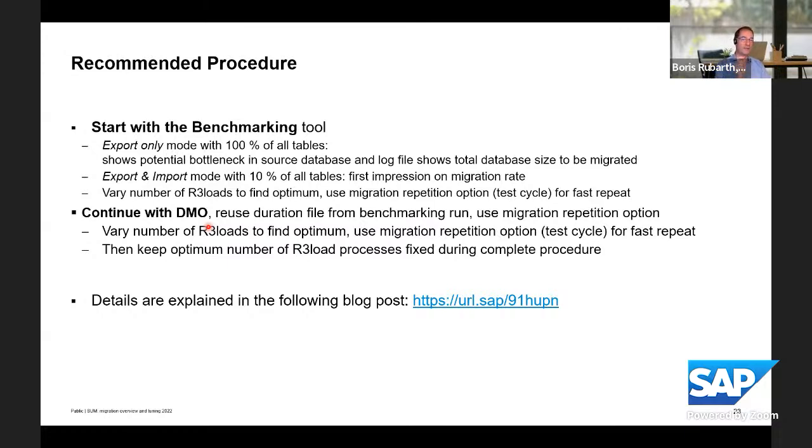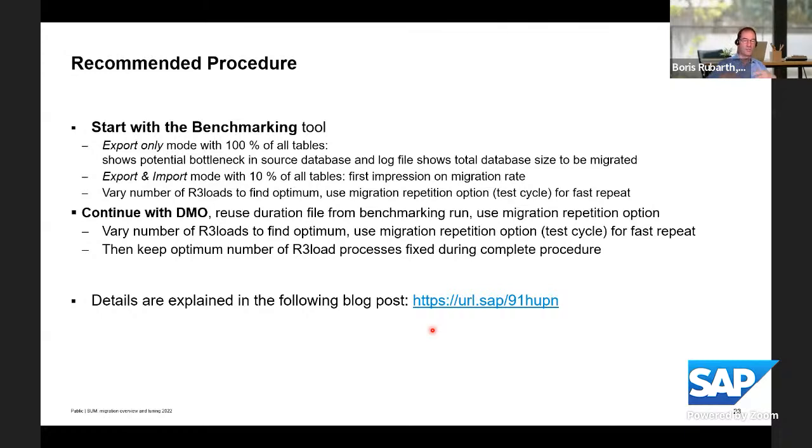And then you will find the optimum number, and the real complete procedure will be run with a fixed set of R3 loads. That's important. All this is explained in an excellent blog post that a colleague from the SUM development team has written a while ago. So that's why we have listed the link to this blog post as well.